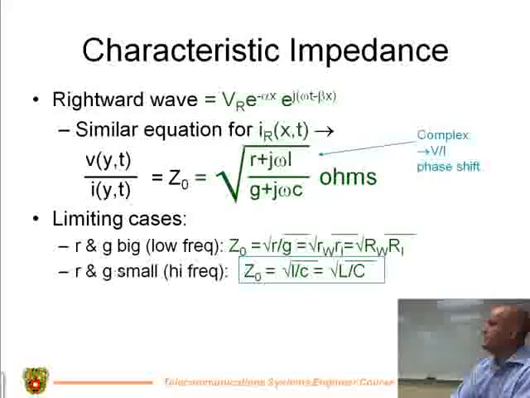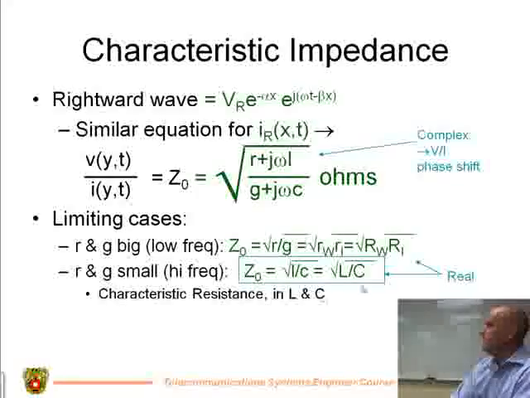If R and G are small, so at high frequencies, Z naught equals the square root of L over C, right? Because then the j omegas cancel out, and the R's and G's are small compared to j omega L and j omega C. So we get the square root of L over C. So both of these, you notice, are real values.